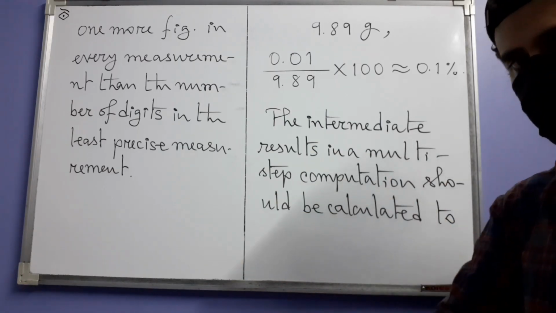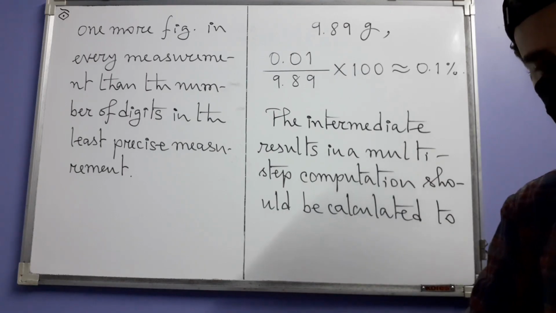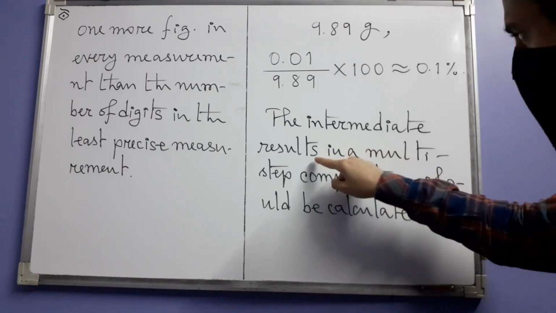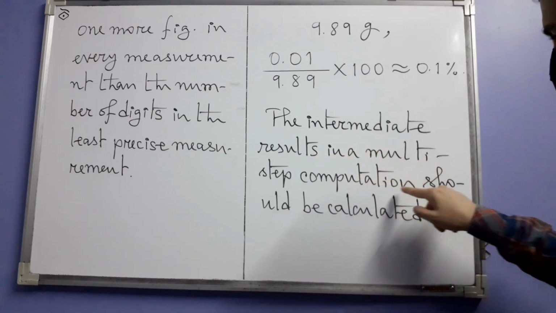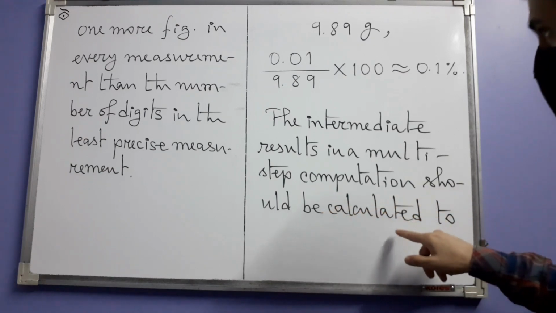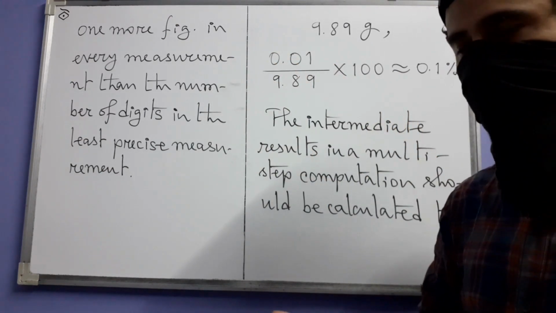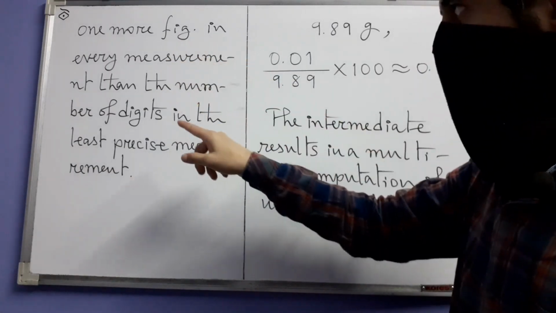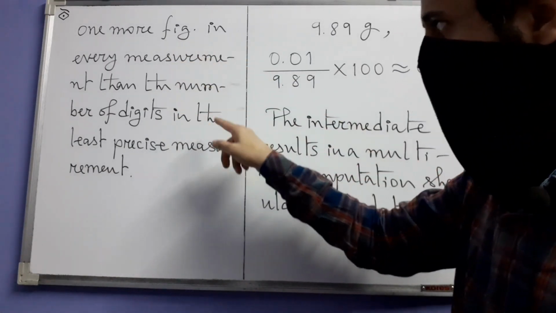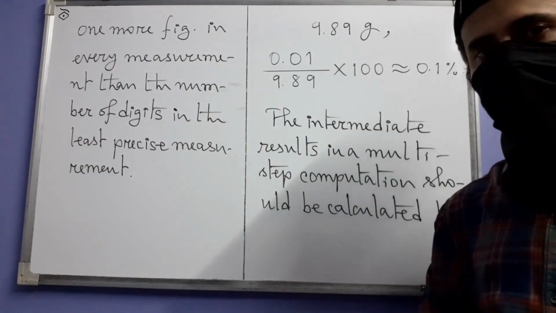And then you are going to the next step, so there you have some other calculation. So the intermediate results in a multi-step computation should be calculated to one more figure than the number of digits in the least precise measurement.